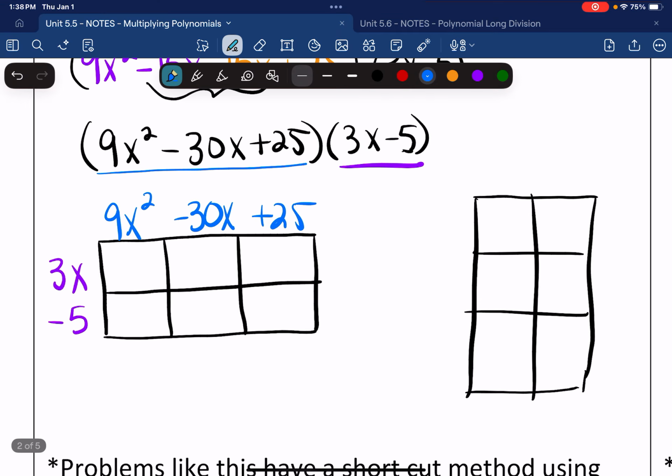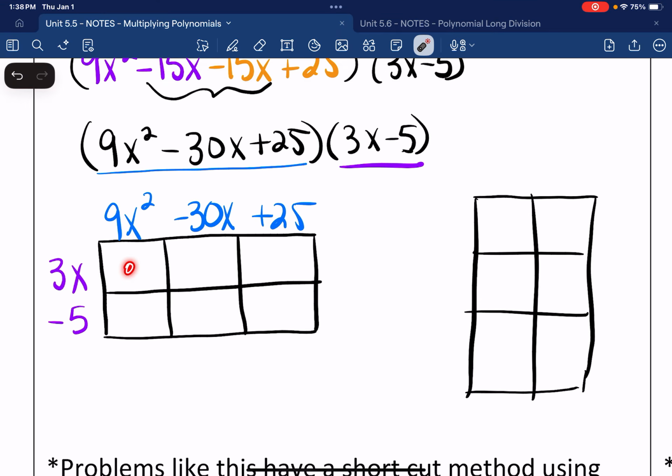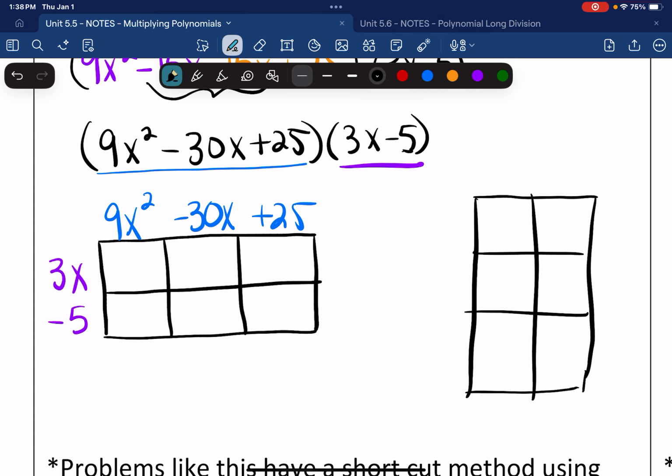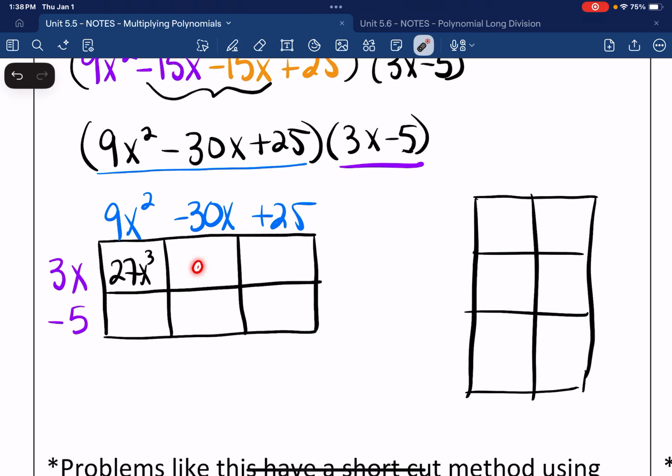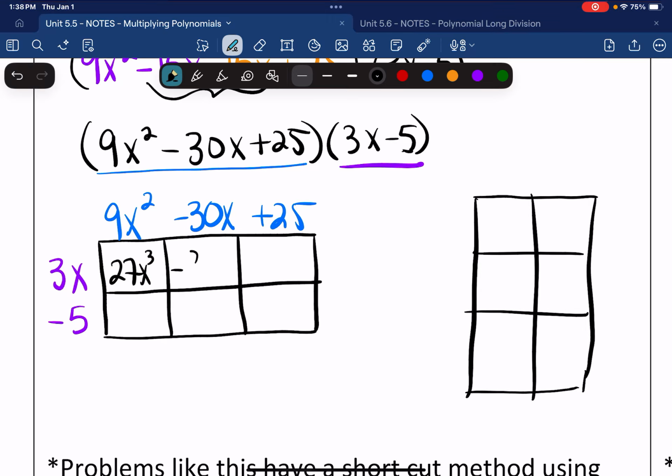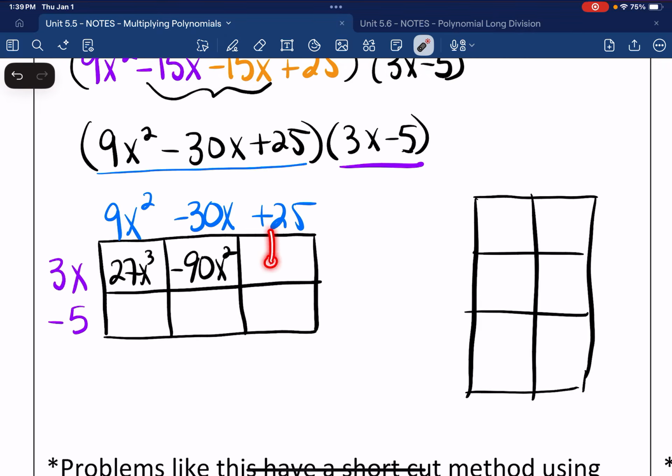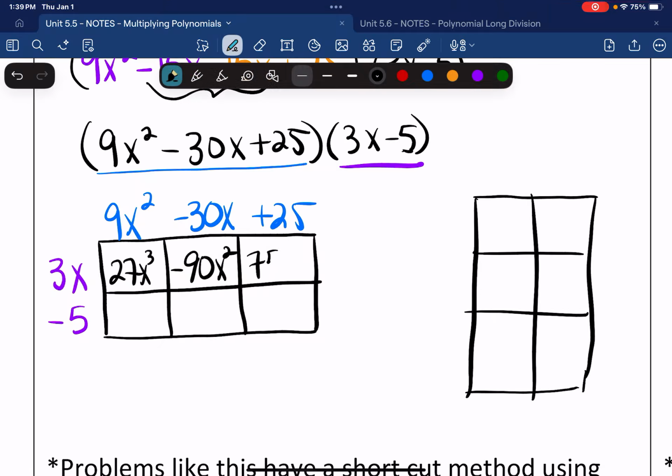All right, so let's fill this in very quickly. So we have 9x squared times 3x. That gives us a 27x cubed. Then we have a negative 30x times 3 gives us a negative 90x squared. Then here in this box, we have 25 times 3x, so 3 times 25, that's 75. So 75x.